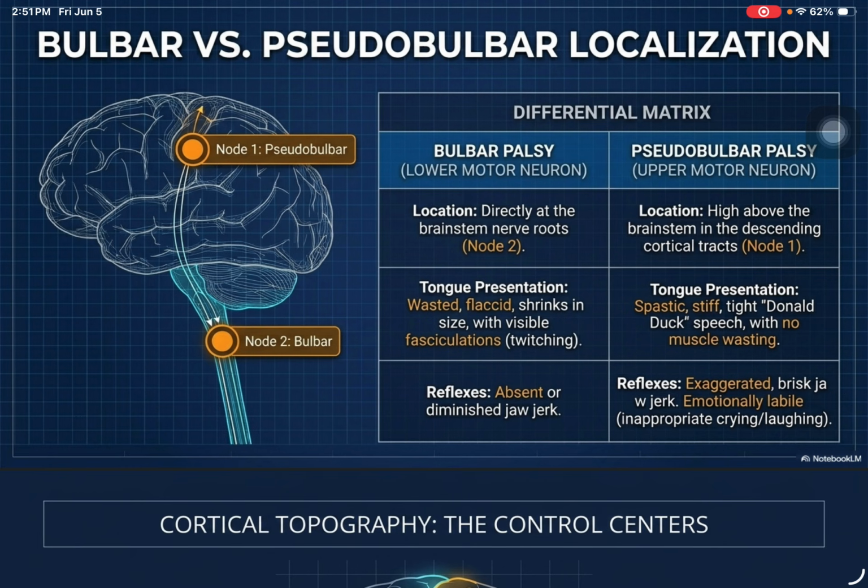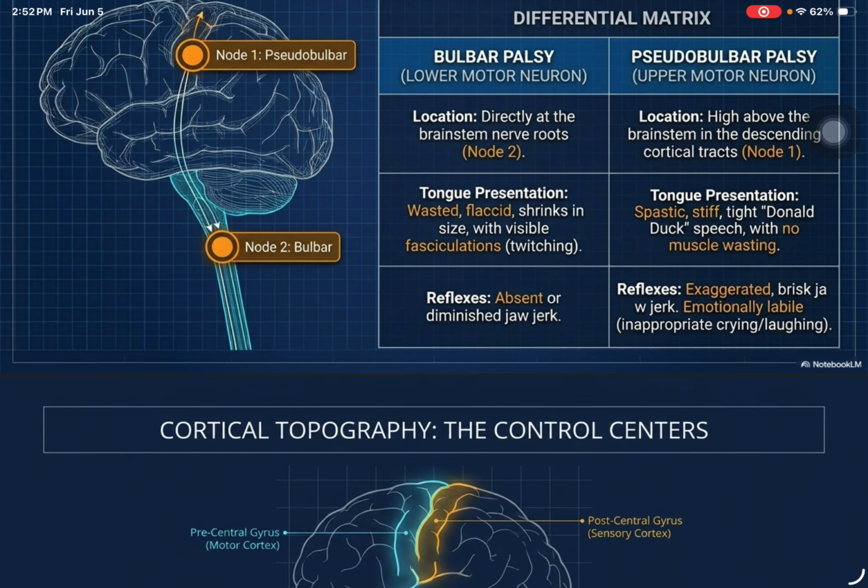Pseudobulbar palsy is an upper motor neuron type lesion. So there is no muscle wasting in the tongue, but there is stiffness and spasticity, and reflexes are exaggerated, that is, the jaw jerk will be exaggerated.